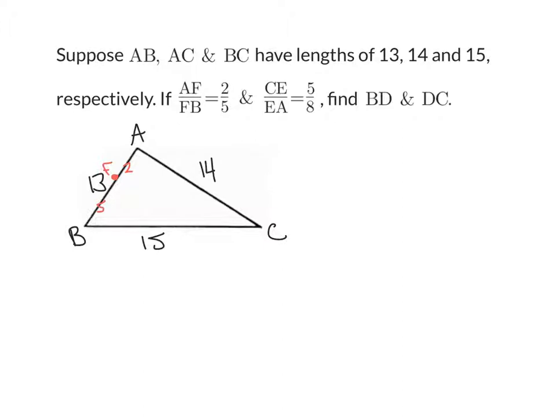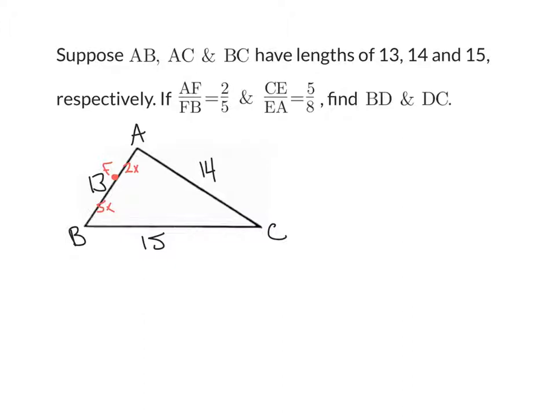Now, obviously, it can't be 2 and 5 because that would add up to 7. So there's got to be some sort of constant of proportionality in there. So we'll call that 2x and 5x. Similarly, we have the ratio of CE to EA is 5 to 8.